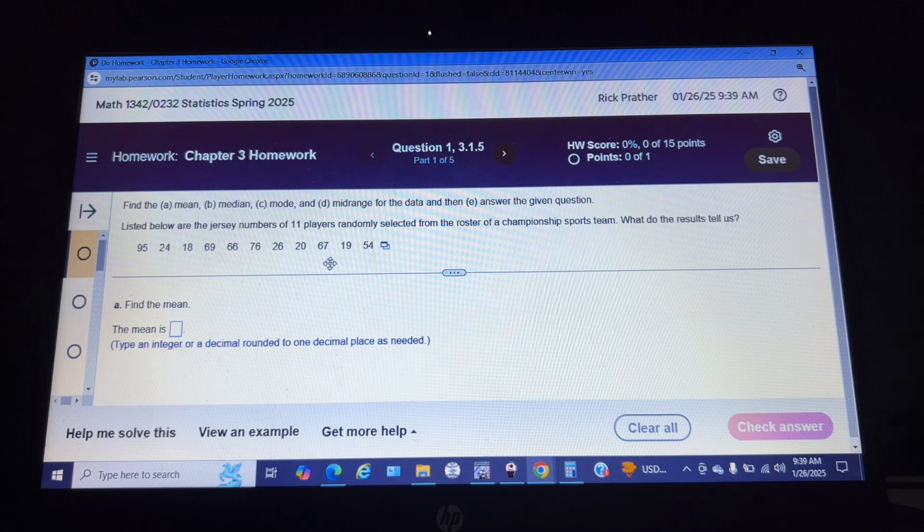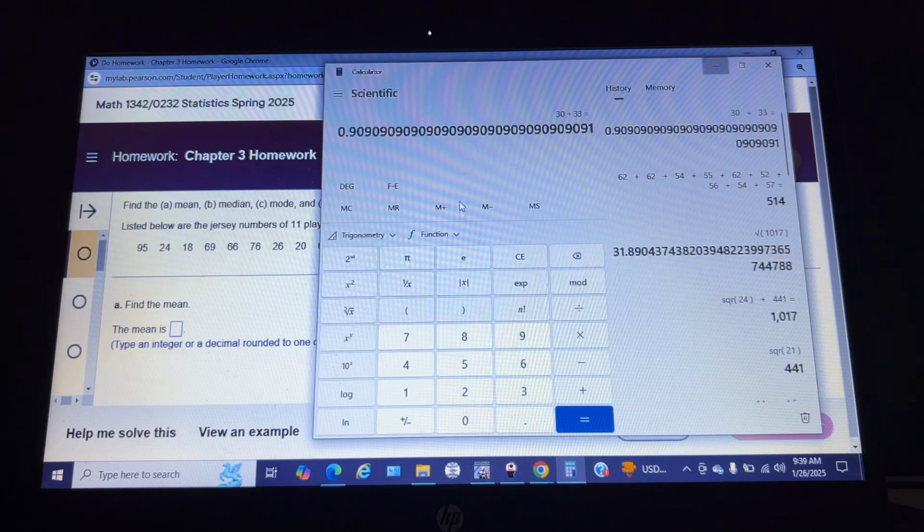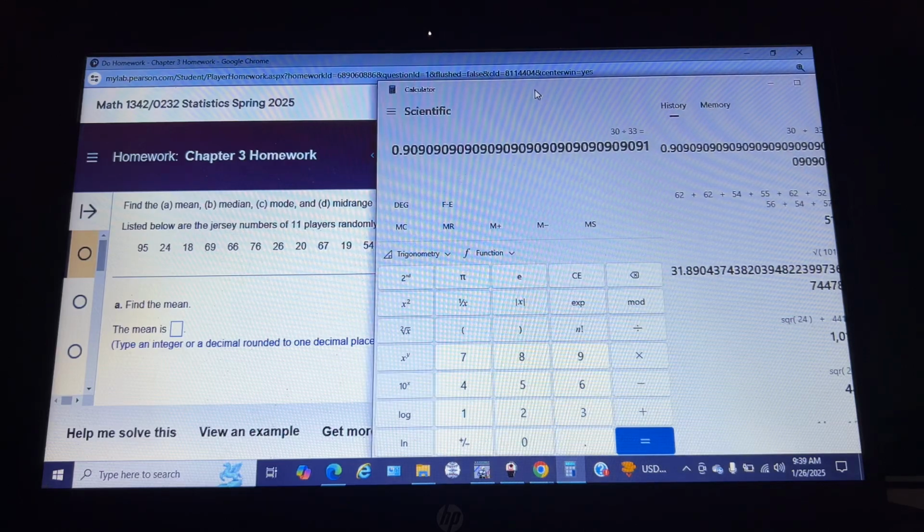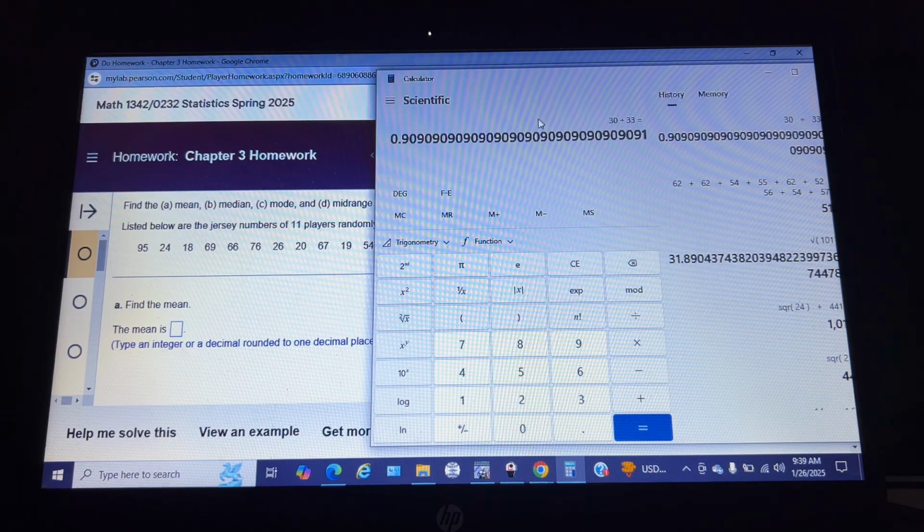It turns out you don't need the numbers in order to find the mean, which we've been doing since junior high. Put it here so you can see every number. My main computer crashed. I'm using a laptop here.